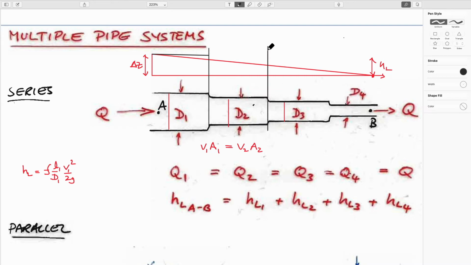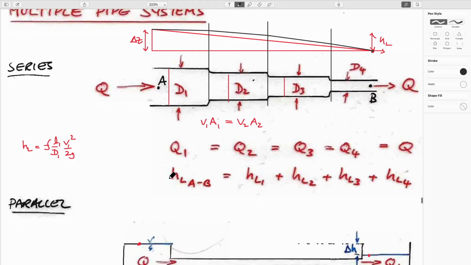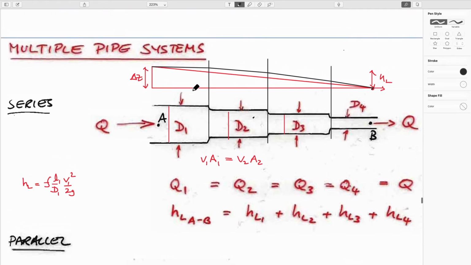And so as you go through this, what it would look like would be something like this, and ultimately, at the end, the sum of these head losses has to equal this. So this would be the head loss between A and B, which has to be equal to the head loss initially, not very much. This would be, I guess, the second head loss.